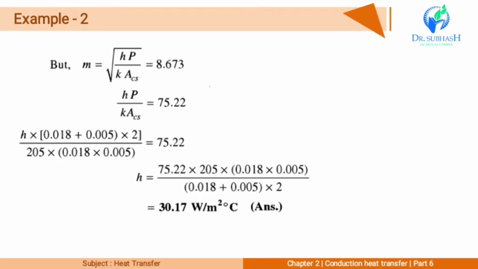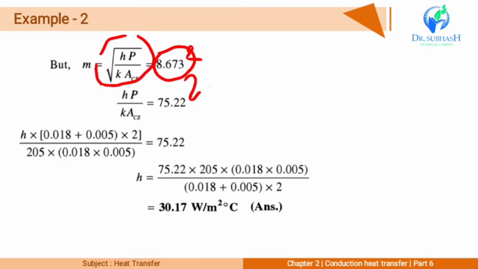We know that m is equal to the square root of (h into p divided by k into A). So h into p divided by k into A, removing the square root, is the square of 8.673, which is equal to 75.22.